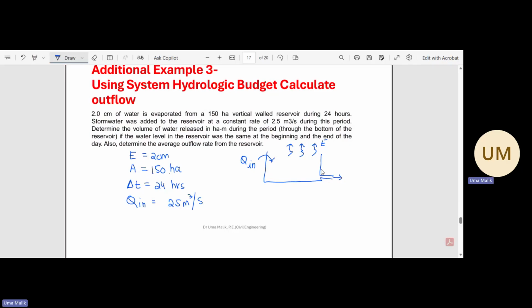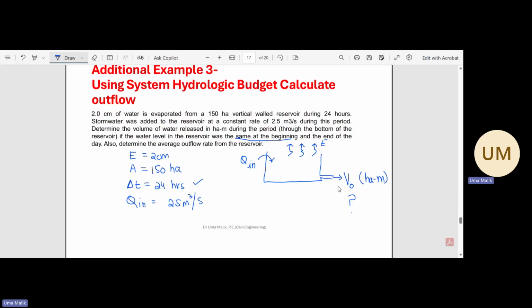From the bottom of the reservoir, volume was released, VO. We want to calculate that during the period of 24 hours. We don't know. And the water level did not change. It was the same at the beginning and the end of the day, which is delta T, 24 hours of a day. Also determine the average outflow rate from the reservoir.